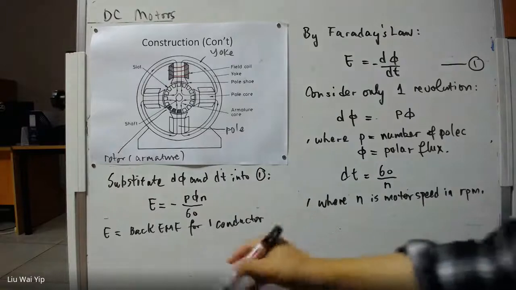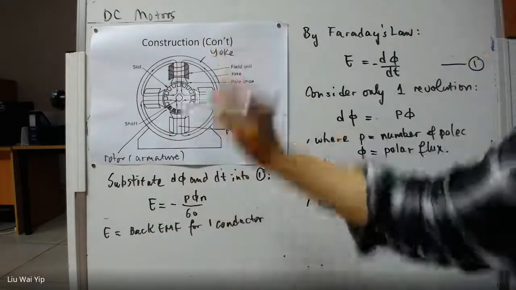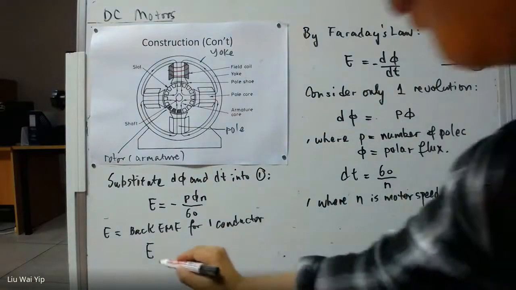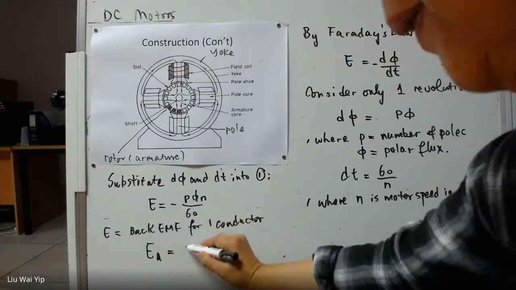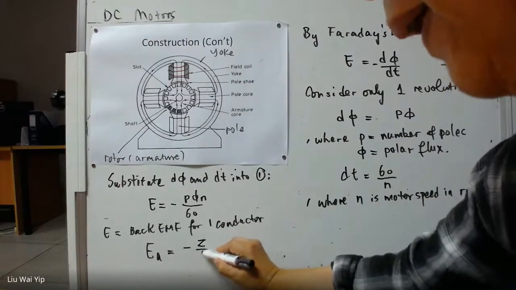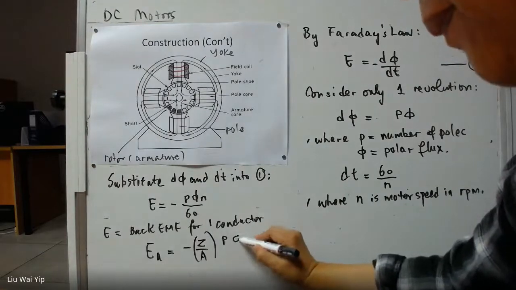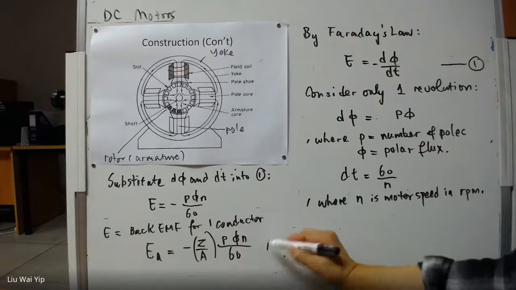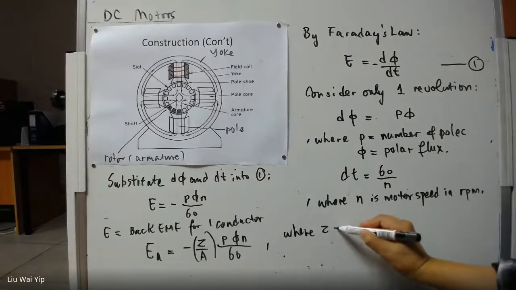So the EMF for the rotor, for the armature, called EA, is going to be minus Z divided by A, and then phi P n over 60. And what is Z? Z is the total number of conductors.